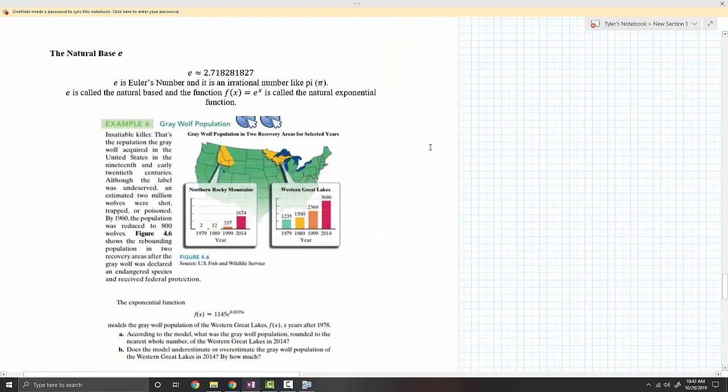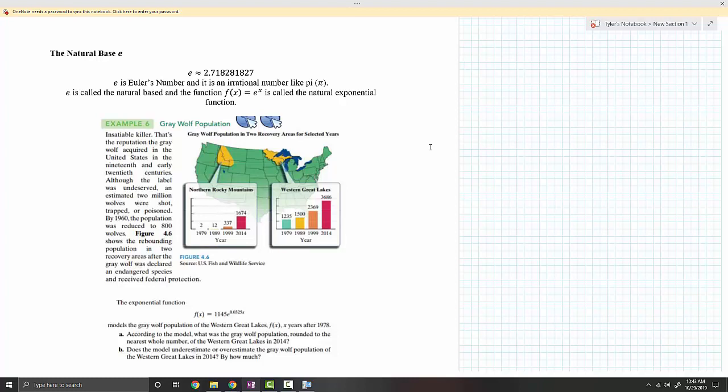Right. So the next thing we want to talk about, and we're going to talk about this quite a bit, is the idea of e, or what we call Euler's number, also called the natural number. Euler's number is approximately 2.718281827, as you can see at the top, and it's an approximation because it's an irrational number, just like pi.